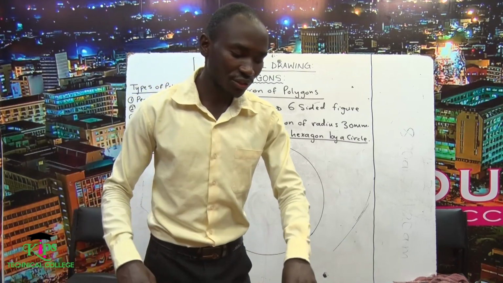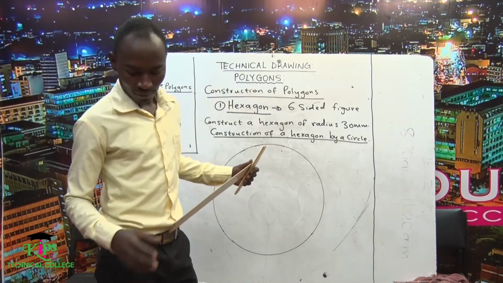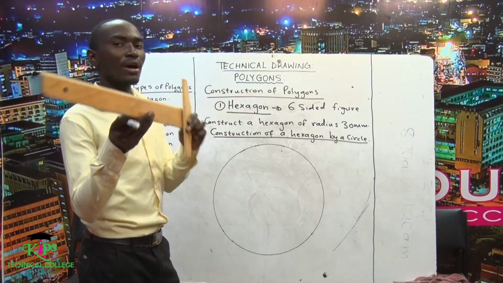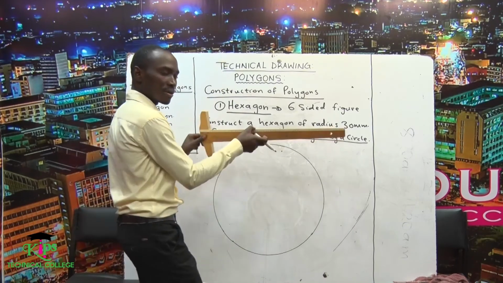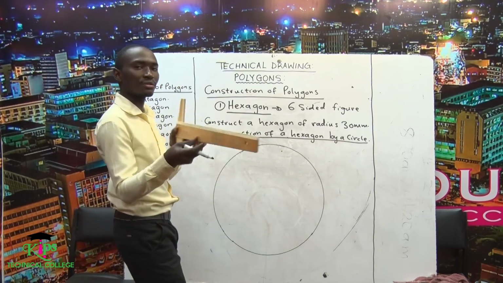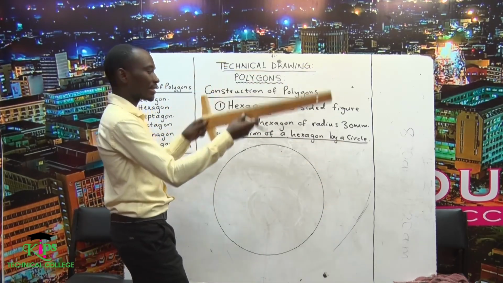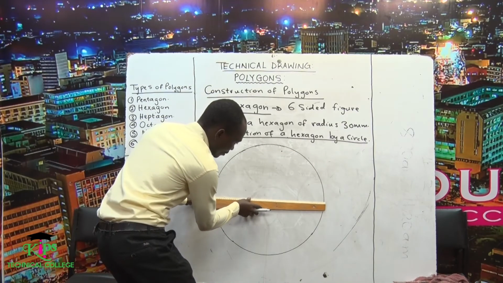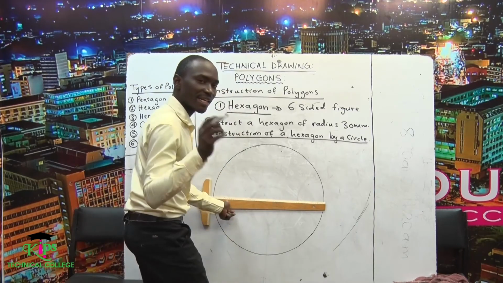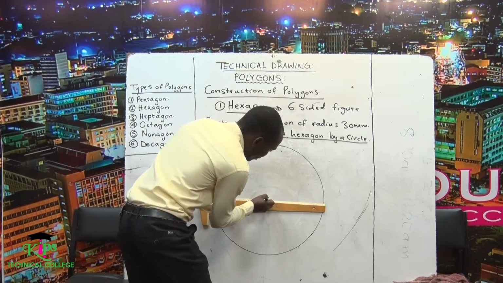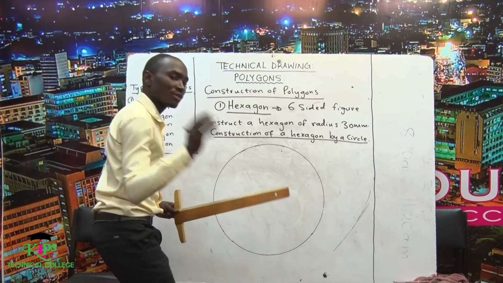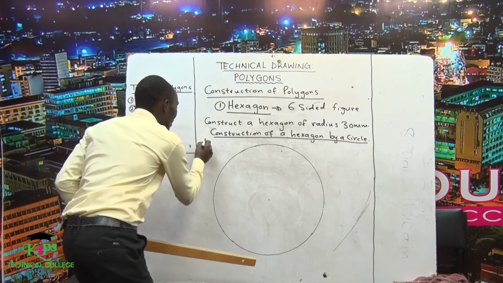Again, what do you need to do? You will take up your ruler like this. I know that from your table, this ruler should be able to slide up and down. So you will come up here. Already you know the center of the circle, which is here.